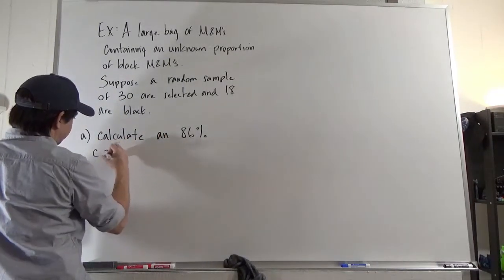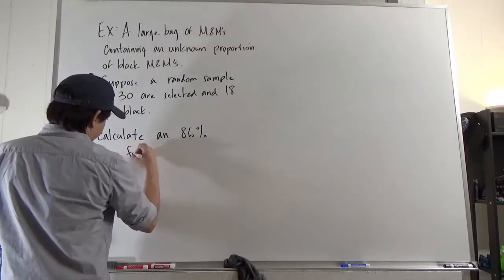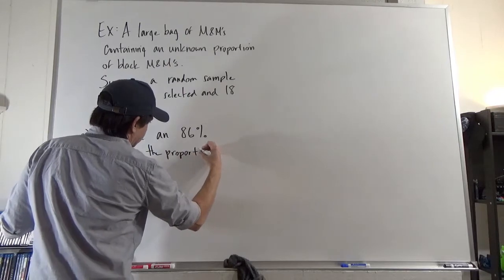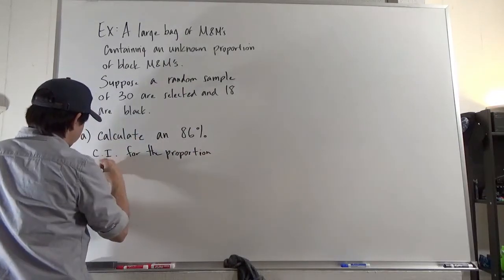I'm going to abbreviate CI for the proportion of black M&Ms in the bag.